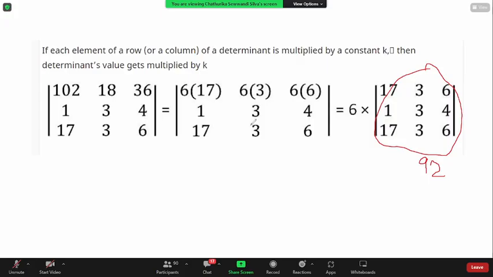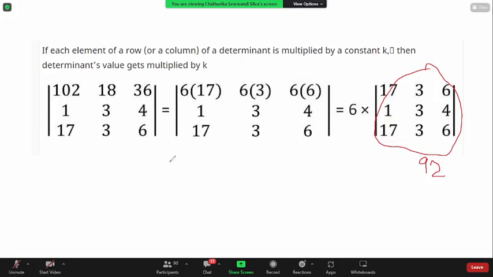Whenever you take the 6 out, you will get the original matrix with the determinant of 92. So rather than finding the determinant again, you can just multiply 92 by 6.